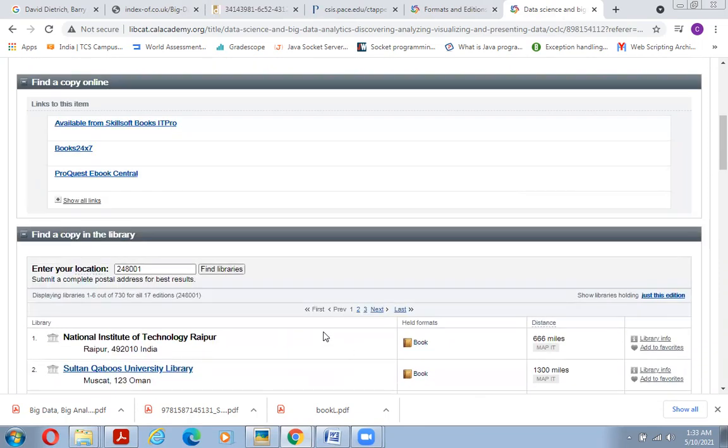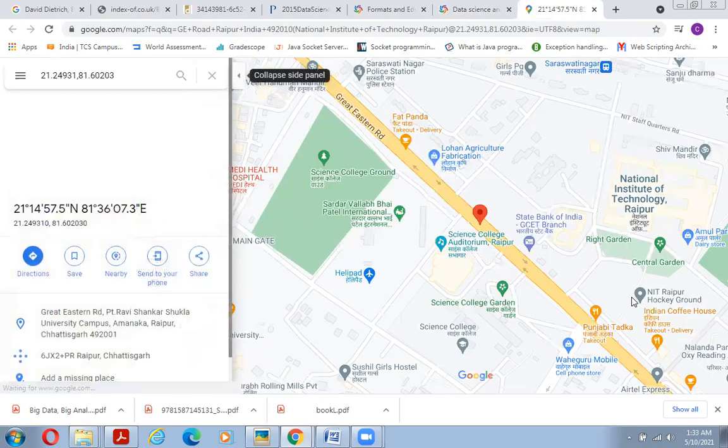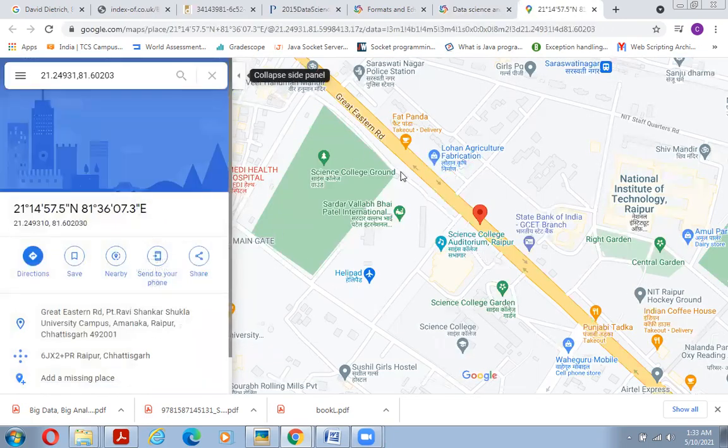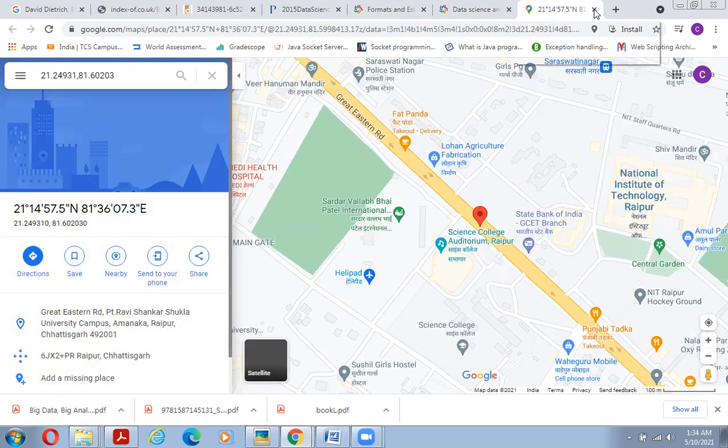If you try and ask what you really need, the system will help you, and we are able to find that this book is here, and we are able to map it from where we are with Google Map. The system is providing a Google Map to go to that particular institution, get that book and know about it. Here it is, the National Institute of Technology lab.